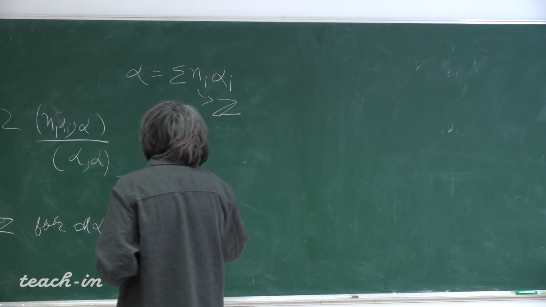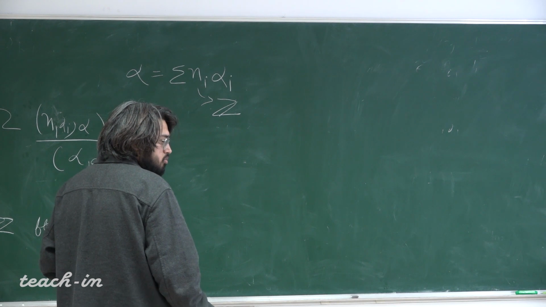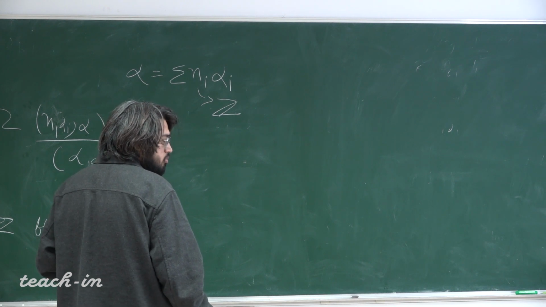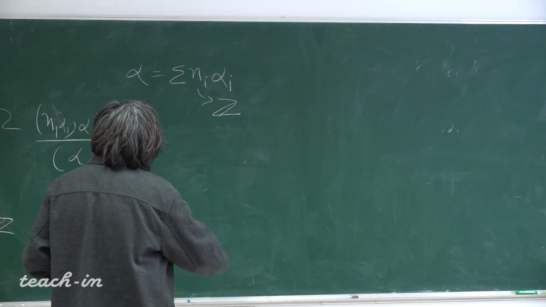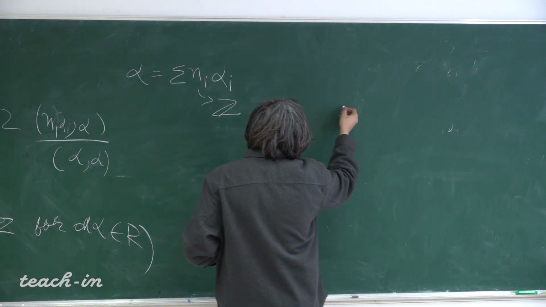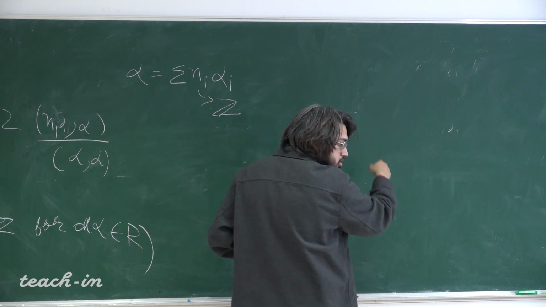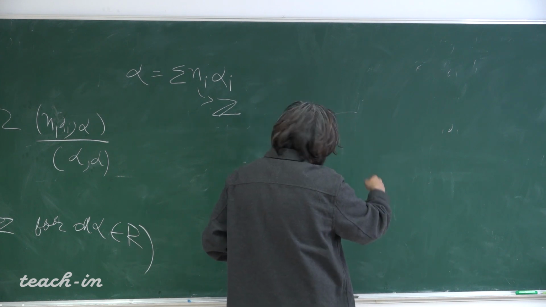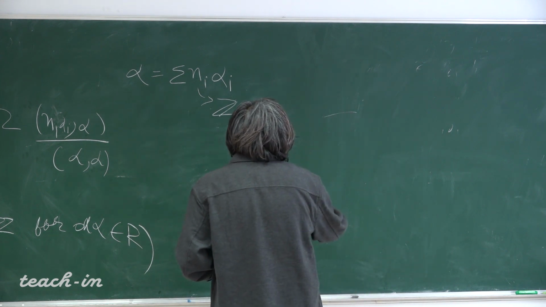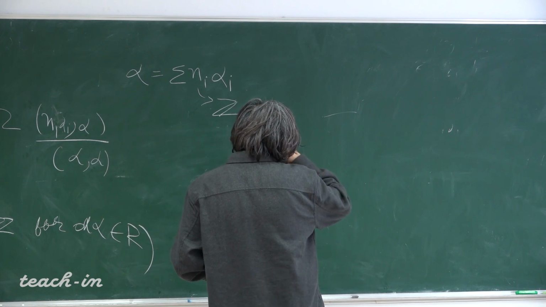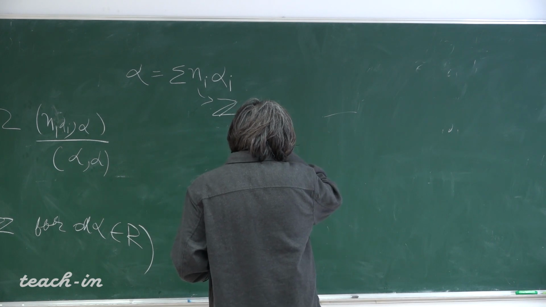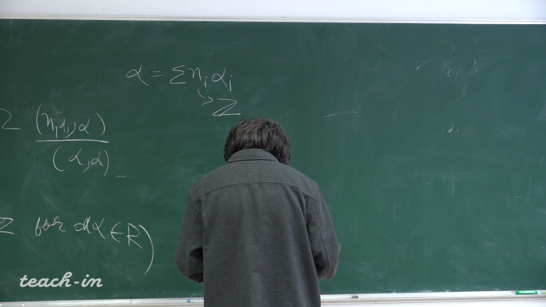Okay, so what are the defining properties of root systems? They should span our Euclidean space. And there are four properties. One second, I need to check.